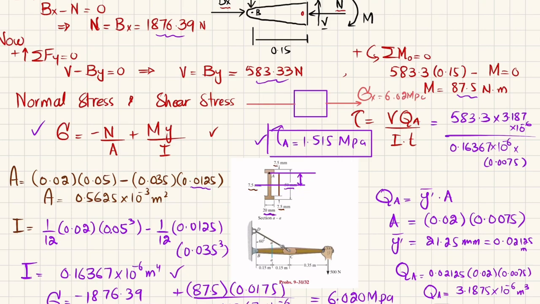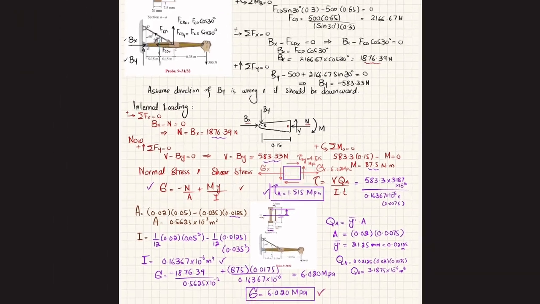In y direction, you do not have any stress, so sigma y will be equal to 0, and the shear stress will be like this. This is tau A, or tau xy, equal to 1.515 megapascal. So now we will find principal stress.